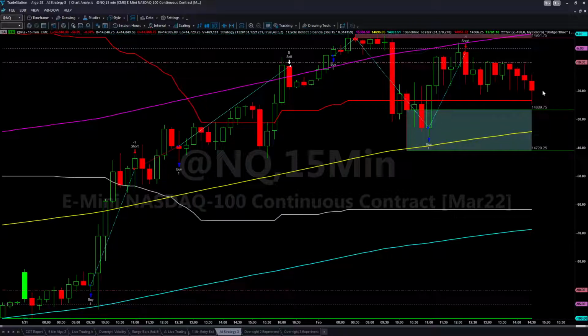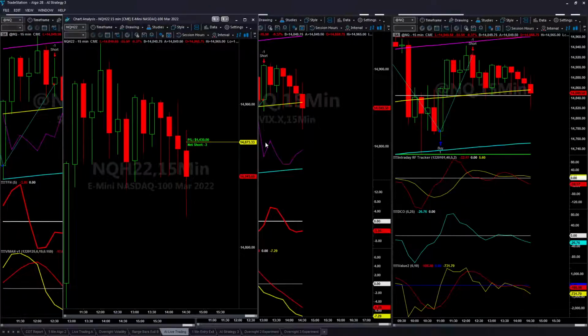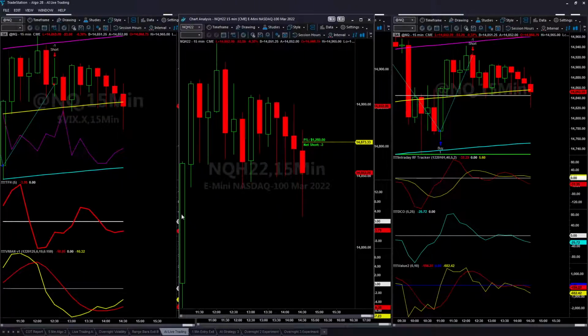AMD is still there. I got 30 seconds. SPY didn't give a signal yet to the long. I'm going to switch it back here. And I don't think we're going to get any signal.